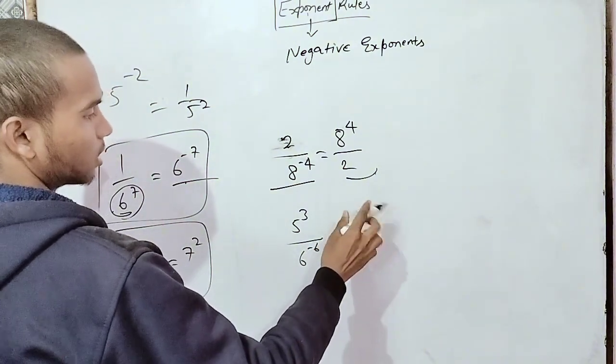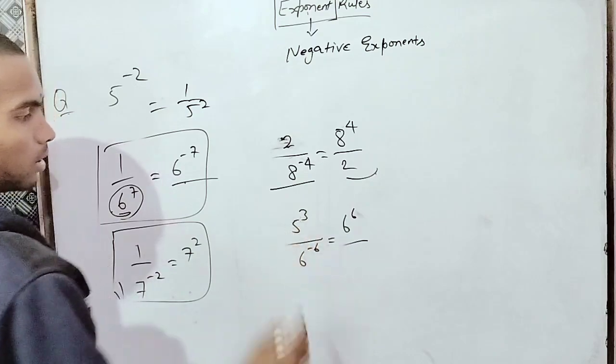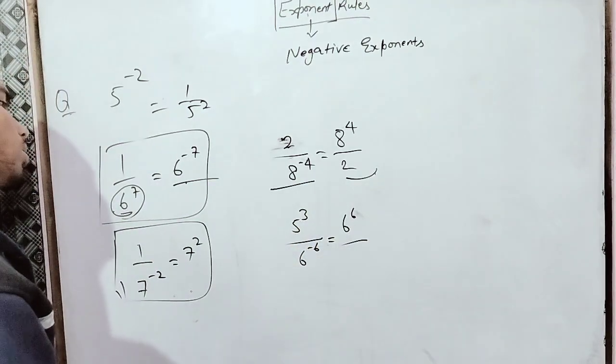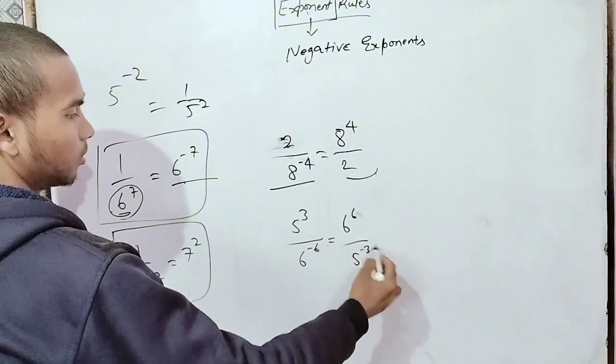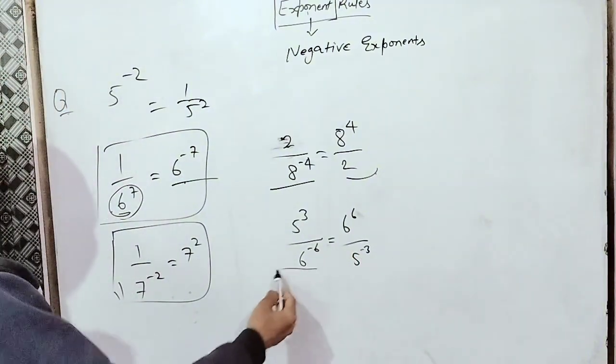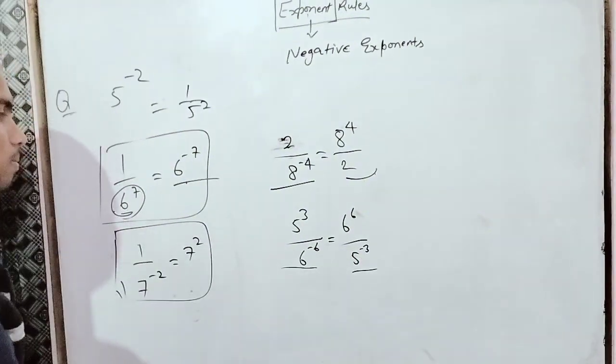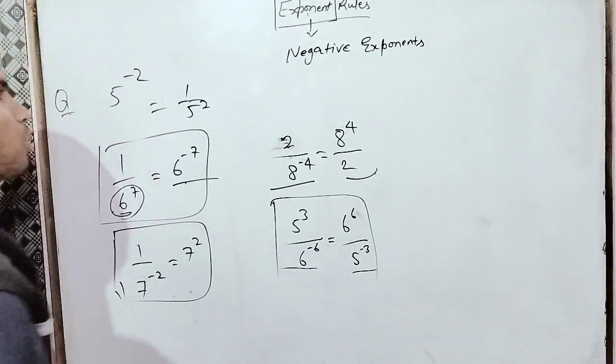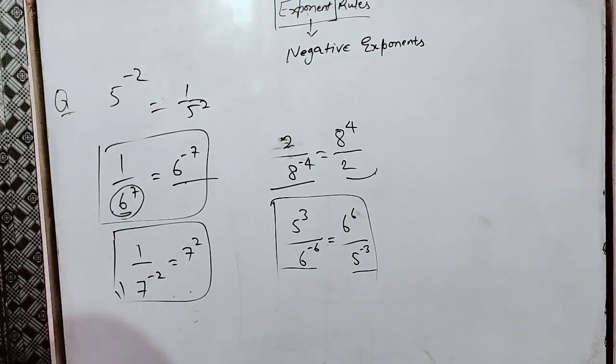Here the addition is hidden, and here the exponent is with plus, so we will write it with the minus. So the value of this and the value of this is the same. Just have a look. I will move on.